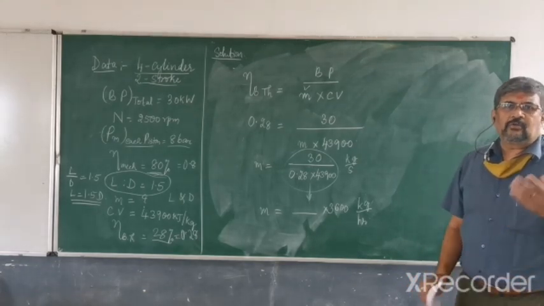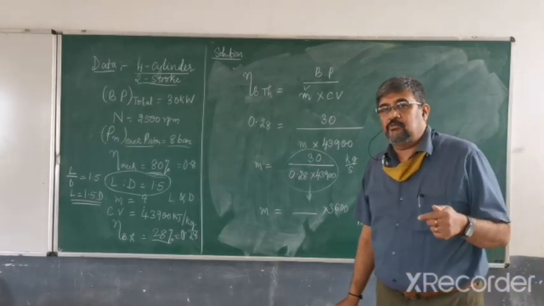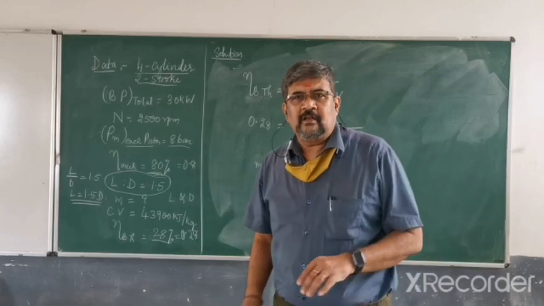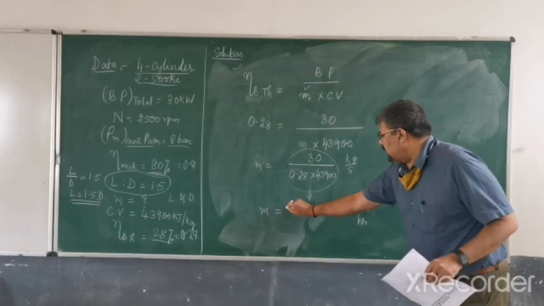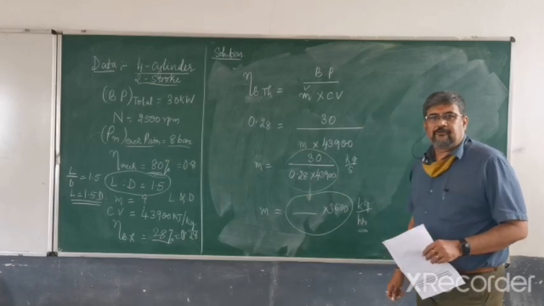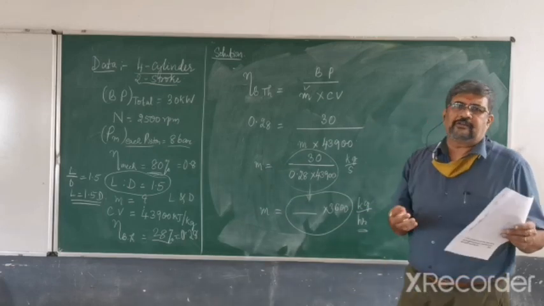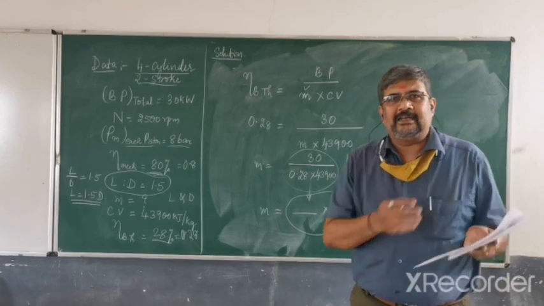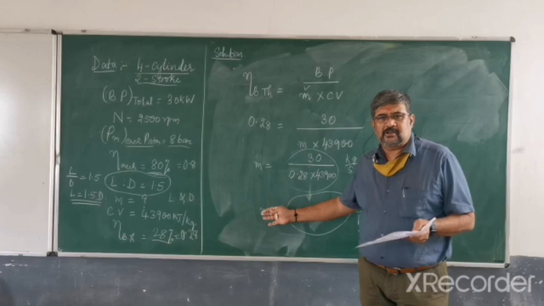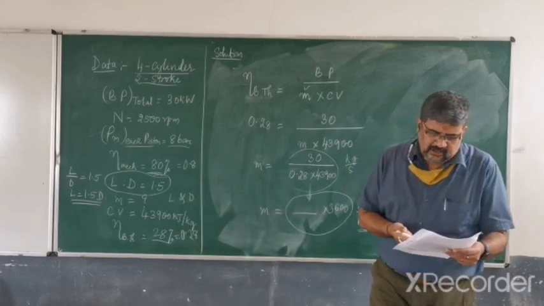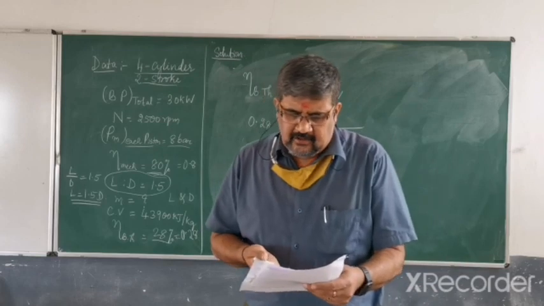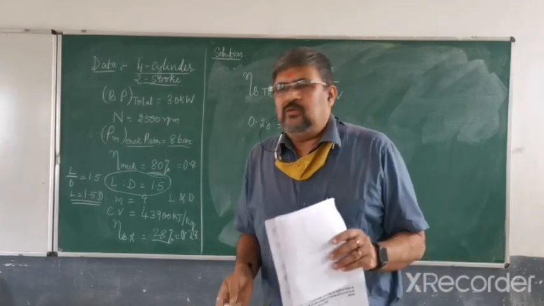Now, if you want to find out the fuel consumed per cylinder, or the specific fuel consumption per cylinder, whatever value you get after multiplying in kg per hour, divide that by 4, because there are 4 cylinders and you want to find out how much fuel is consumed by each cylinder. You will get the specific fuel consumption per cylinder. What is actually asked is to calculate the specific fuel consumption directly.